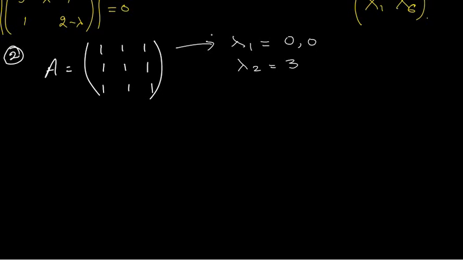There is one quick way to find this. I have told you that if any column or row is a multiple of another column or row, then all the eigenvalues are 0 except one, which is the trace of A.